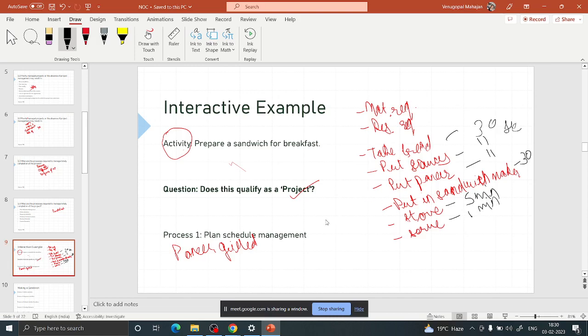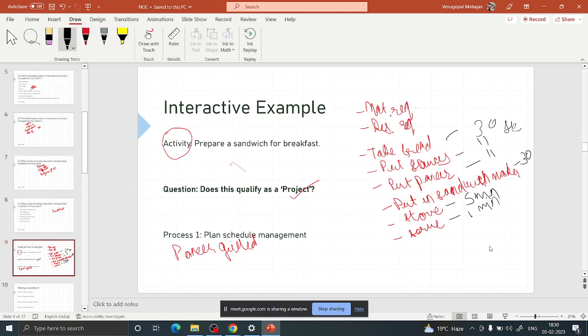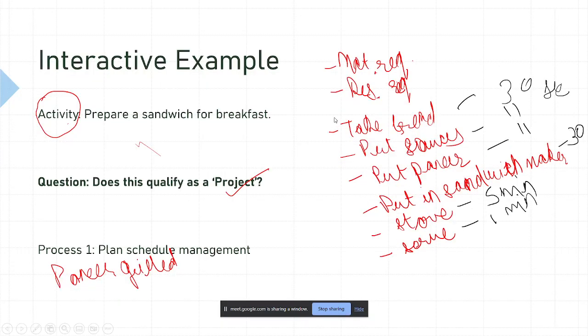Okay. So now as you can see, we have followed another step here: sequencing activities, estimating activity duration. Now we have to come to developing the schedule. Here these activities are already in order, so for developing the schedule, you will just follow it in this order.